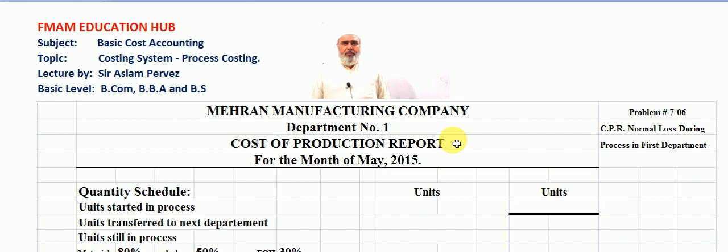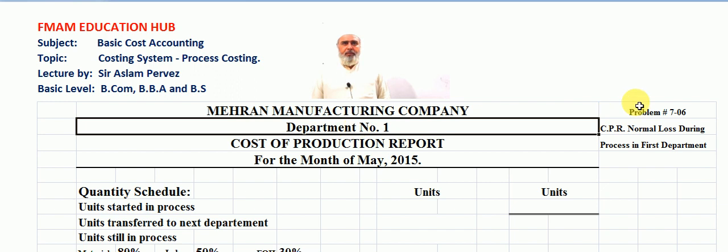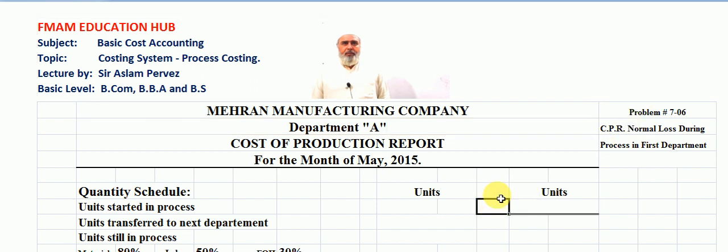Friends, the main heading is Mehran Manufacturing Company, department A, department A. Cost of production report for the month of May 2015.